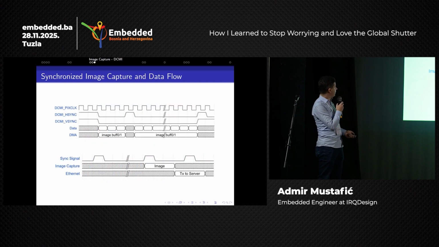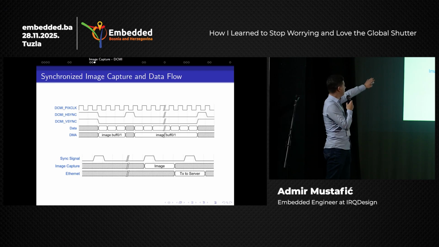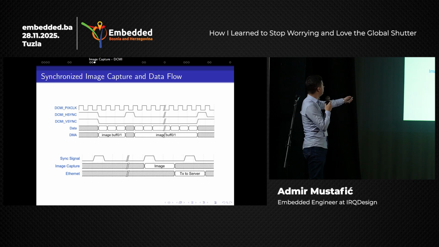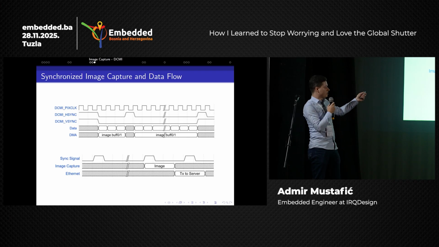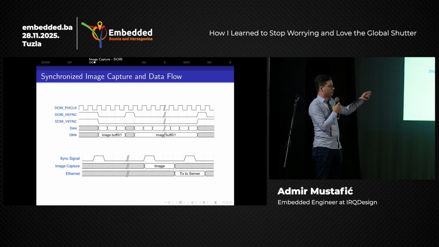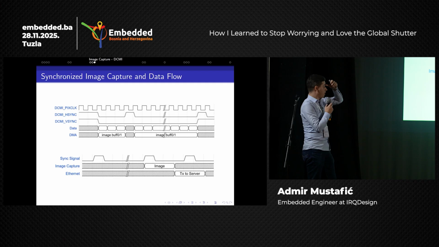Here we have an example, a timing diagram, where we have on the first image, the image capture itself. Whenever some data is ready, the DMA will pick it up, and that will be transmitted to the image buffer 0 or 1, depending on the current target of the direct memory access peripheral.